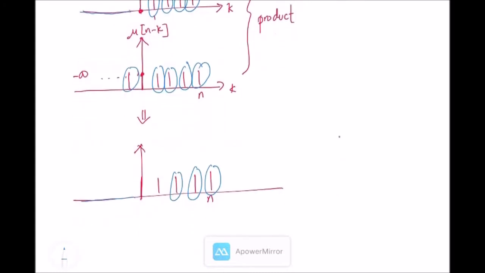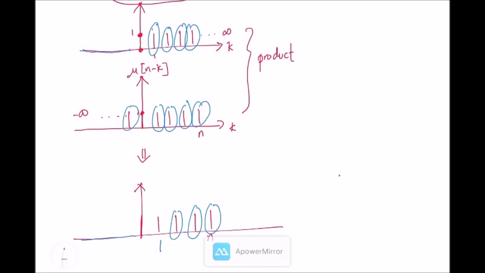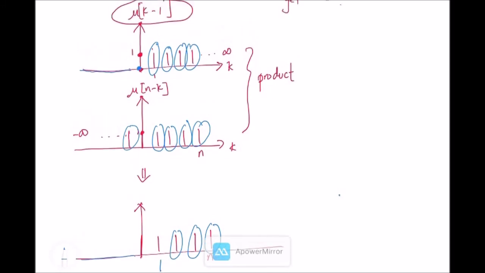You see that the value here is 0, because k minus 1 means that the value starts from 1. So 0 multiply with 1, you get 0.